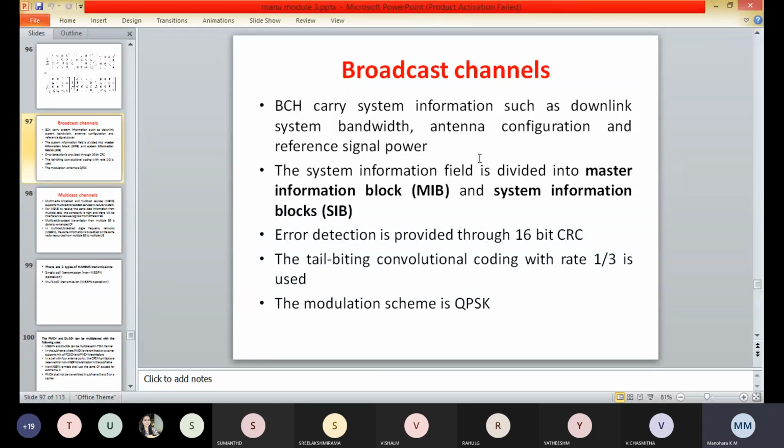The PBCH occupies the most narrow bandwidth which is supported by the LTE, that is 1.4 megahertz, and it is located in the subframe which is guaranteed to be used in the downlink channel.